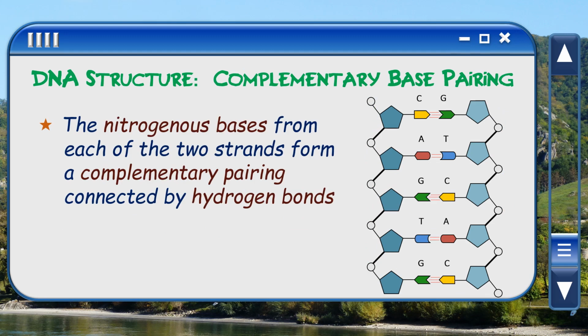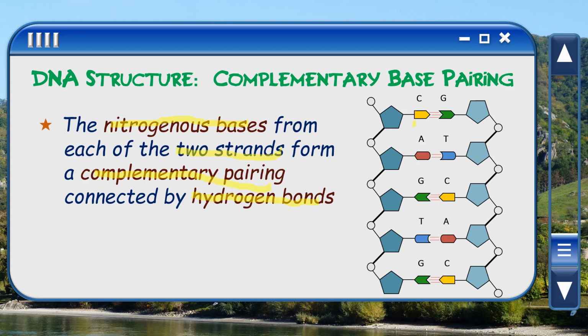Now, the nitrogenous bases from each of the two strands form a complementary pairing connected by hydrogen bonds. So we want to look at the nitrogenous bases. Let's look at those bases.